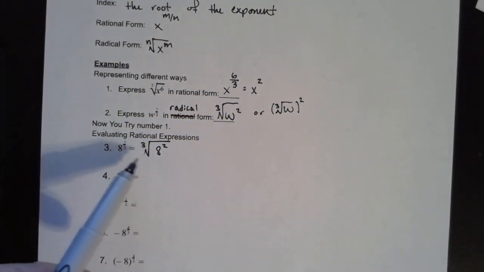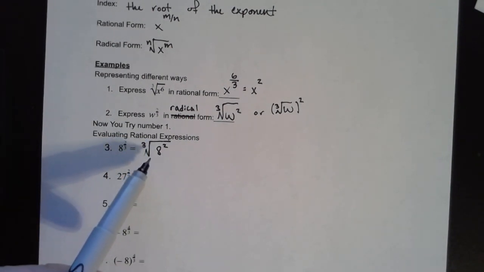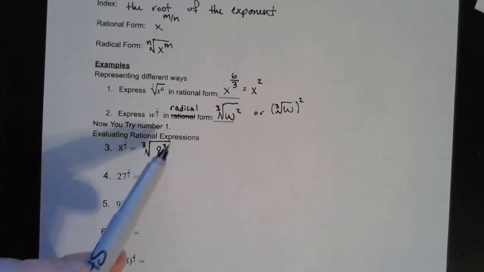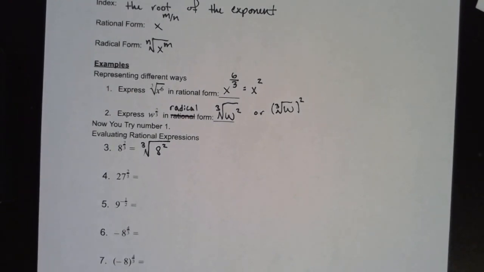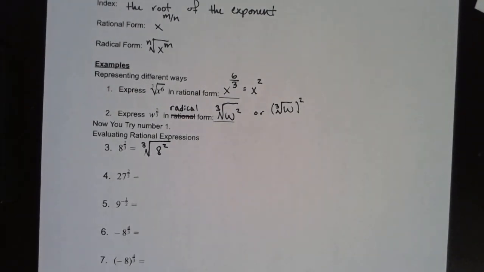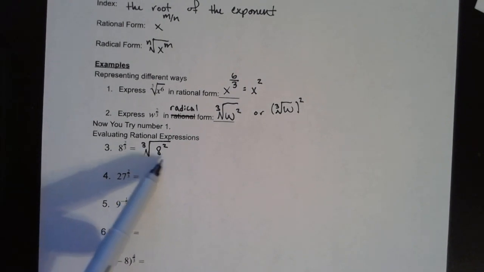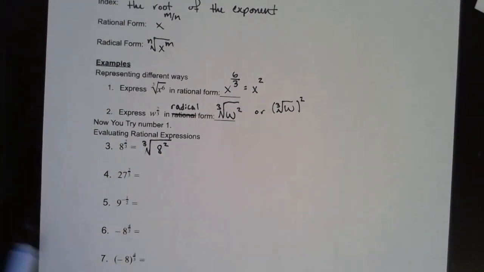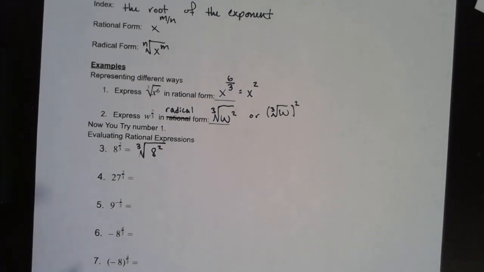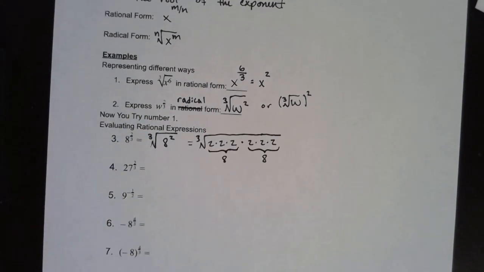So we can take the third root of 8 first and then square that, or we could square 8 and take the third root of all of that. This one I think is a good example to do the 8 squared first, just to show you how this expands underneath the third root, and how we take the third root of 8 squared after. So I'm going to do that.